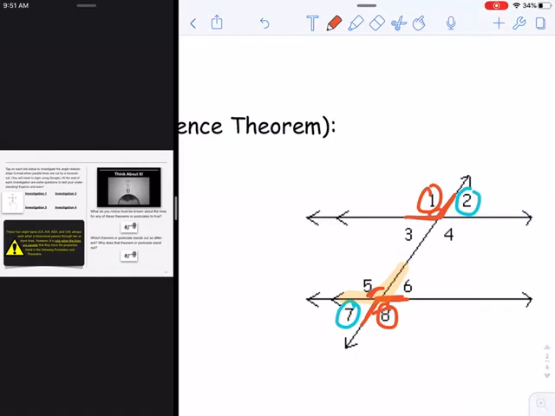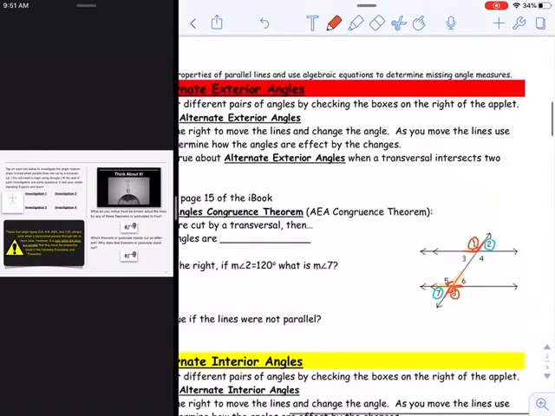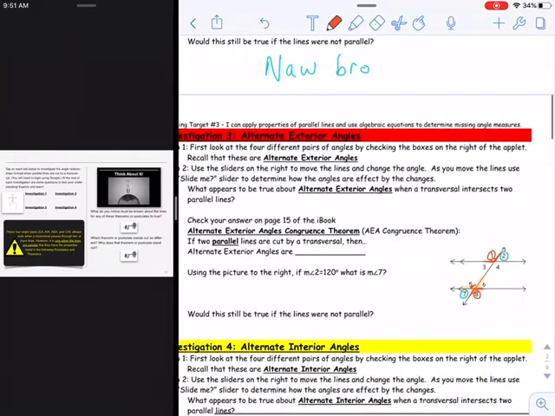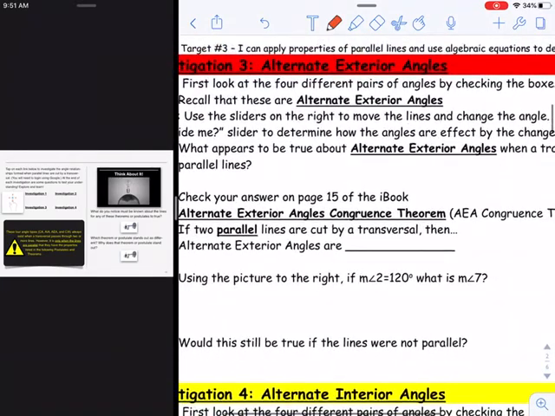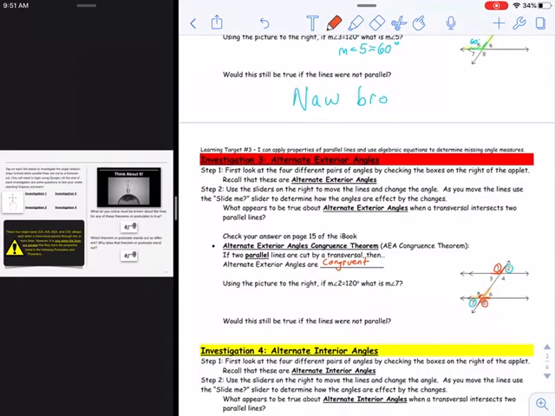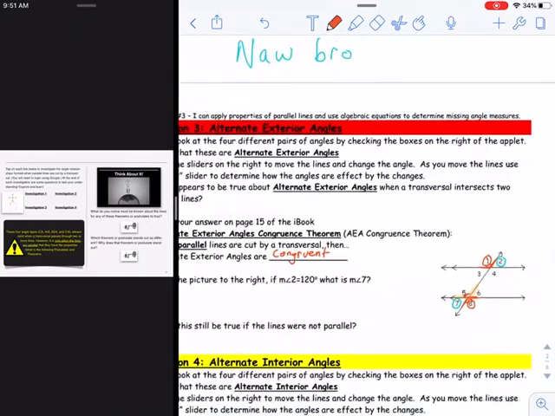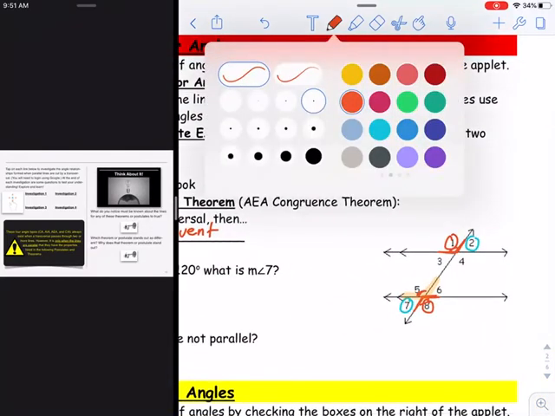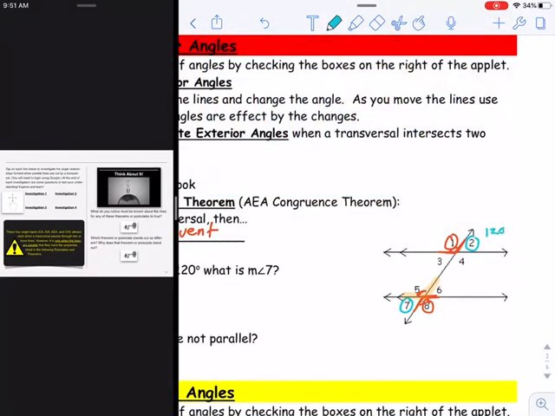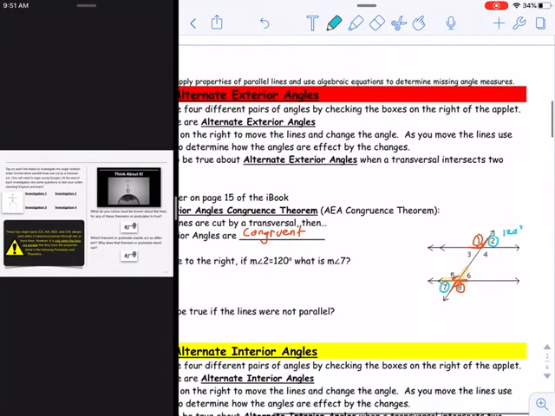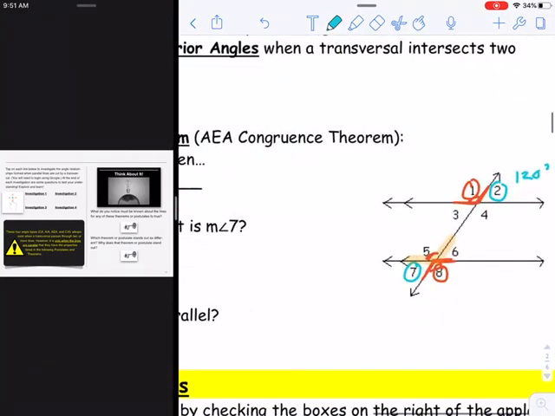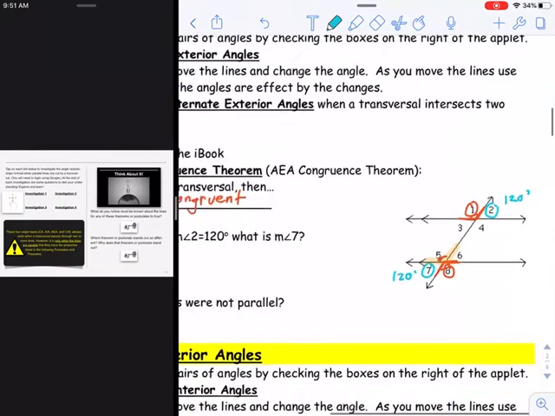Well, 5 and 1 are congruent because they're corresponding angles. So 1 and 8 are congruent as well. So alternate exterior angles are congruent, and we have the alternate exterior angles congruence theorem. So similarly, if angle 2 is 120 degrees, what must be the measure of angle 7? 120 degrees.